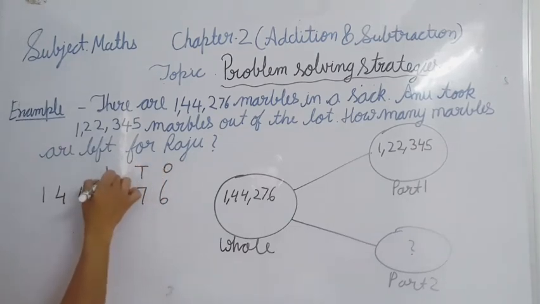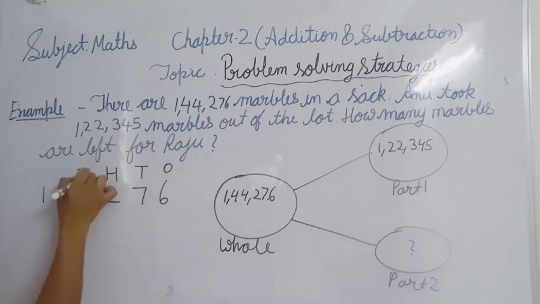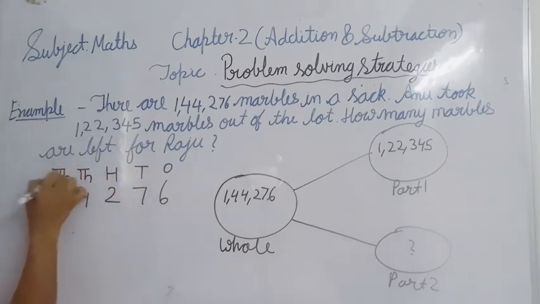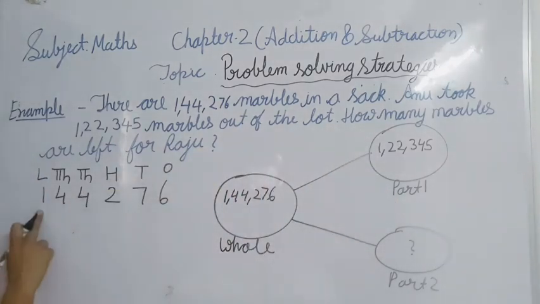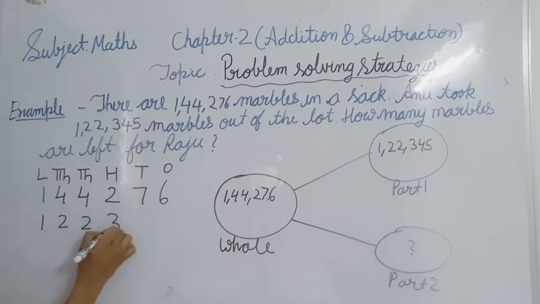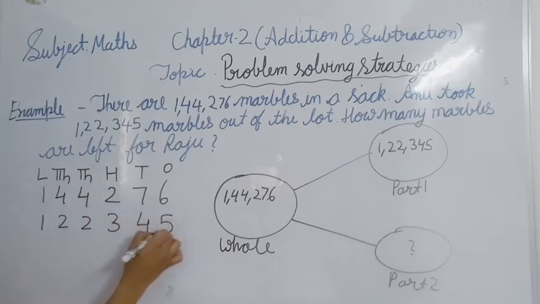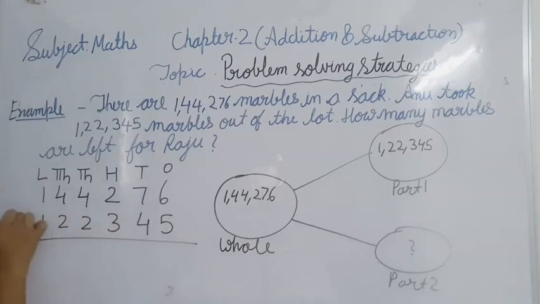Mention their places: ones, tens, hundreds, thousands, ten thousands and lakh. And Anu took this many marbles. So how much? 1,22,345. So let's do the subtraction.